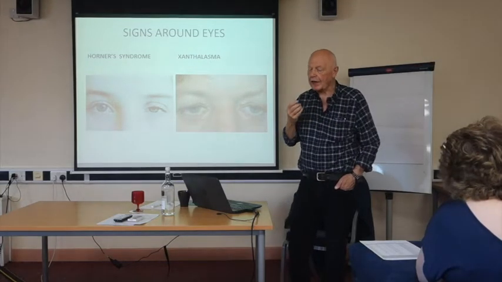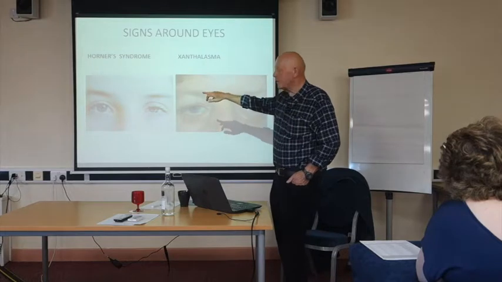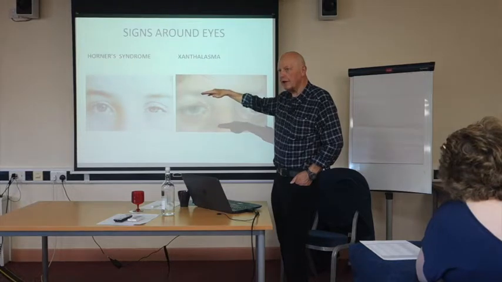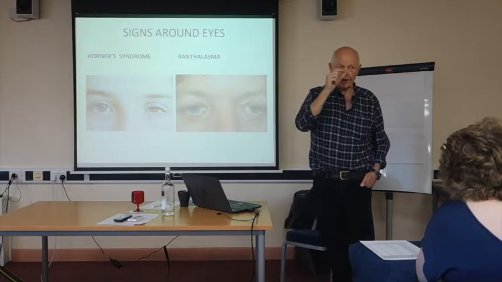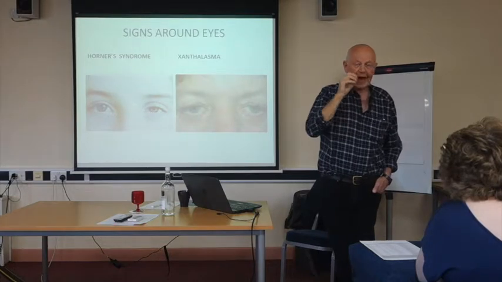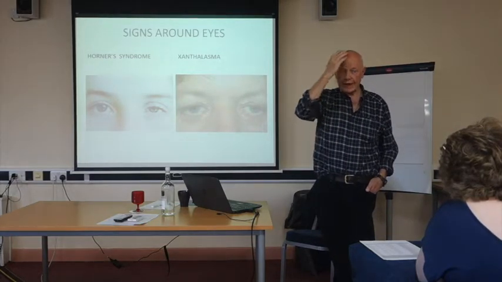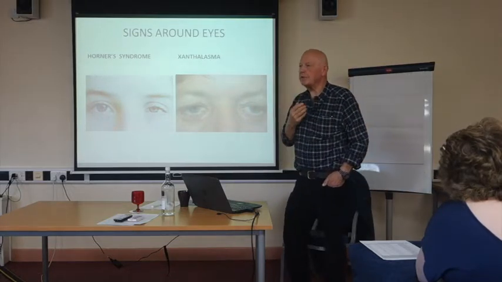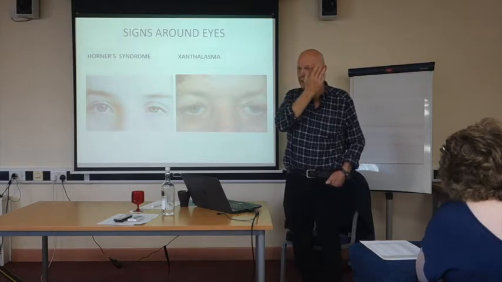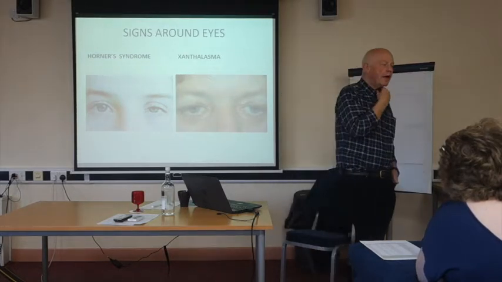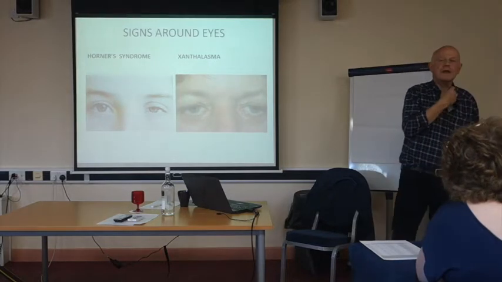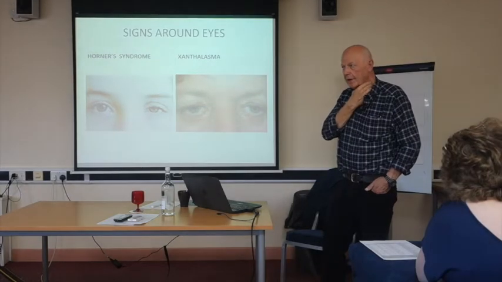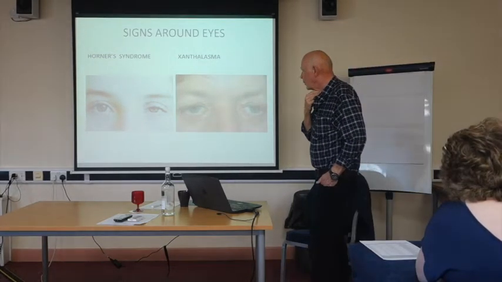So you get this triad of ptosis, P-T-O-S-I-S, which is the droopy eyelid, miosis, which is the constricted pupil, and anhydrosis, which is the lack of sweating on that side. And that is associated with a problem with the sympathetic supply to the area, and it's often caused by an apical carcinoma of the lungs pressing on the sympathetic ganglion in that area.